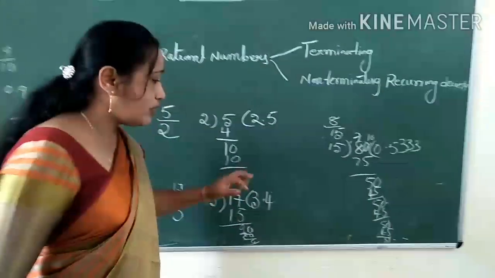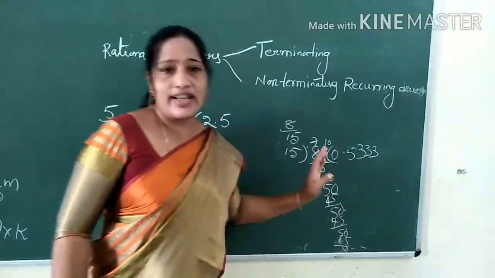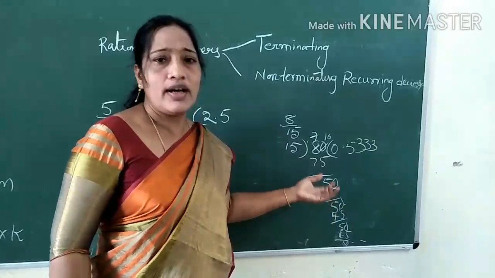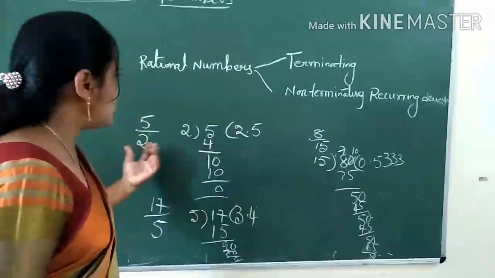What do we observe? Here we did not get the remainder 0, and we can't identify how many decimal places.